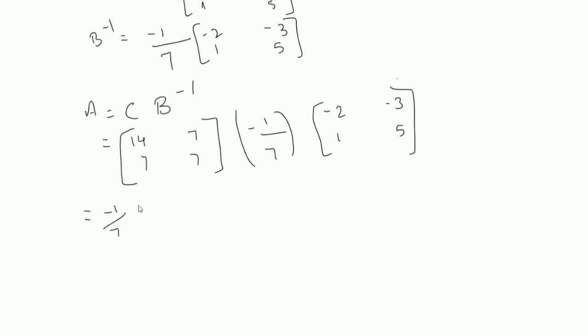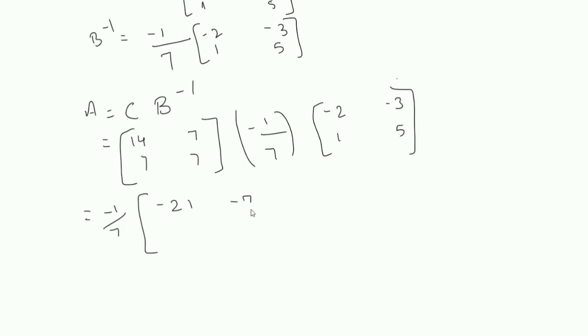Minus 1 by 7 is a scalar constant, so you can take it out. Multiply the first row and first column: minus 28 plus 7, that is minus 21. First row and second column: minus 42 plus 35, that is minus 7.